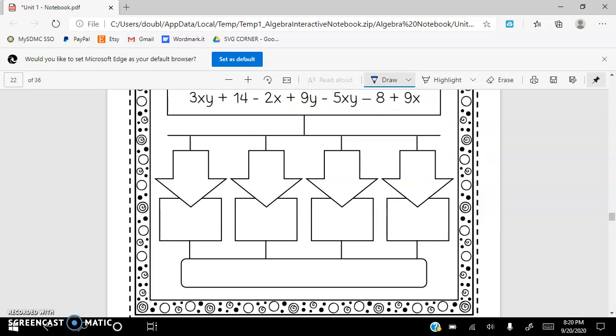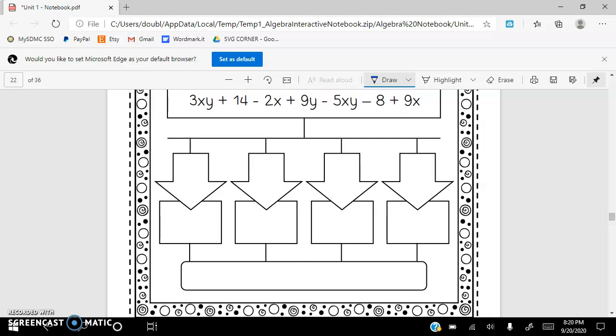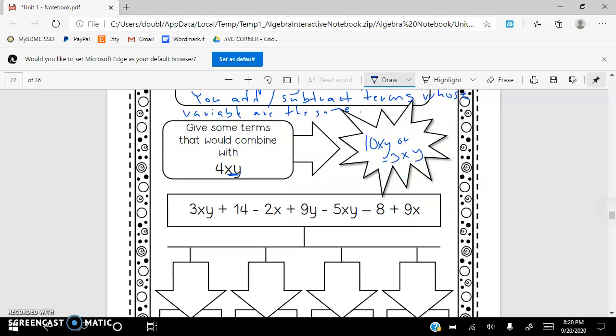So looking at this problem here, it says 3xy plus 14 minus 2x plus 9y minus 5xy minus 8 plus 9x. So you see that it's a long problem. You may get confused with the problem, but it's not that hard.